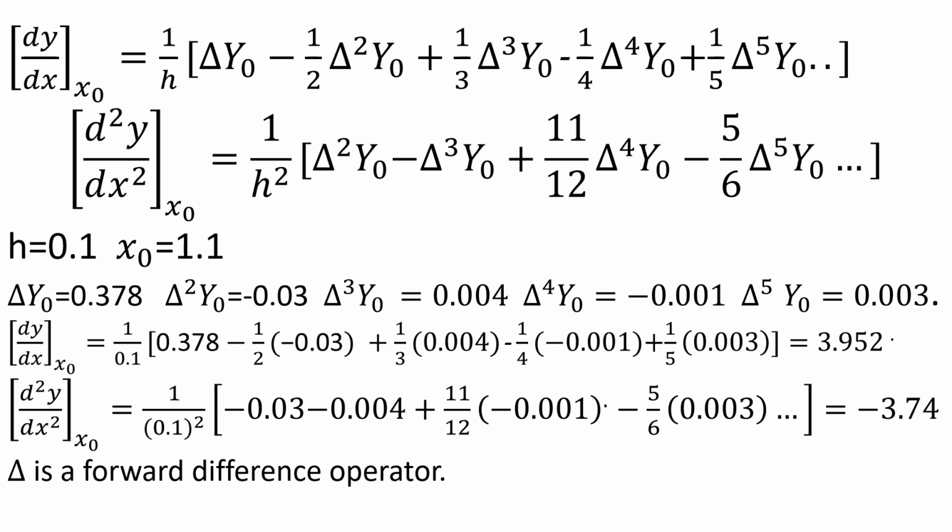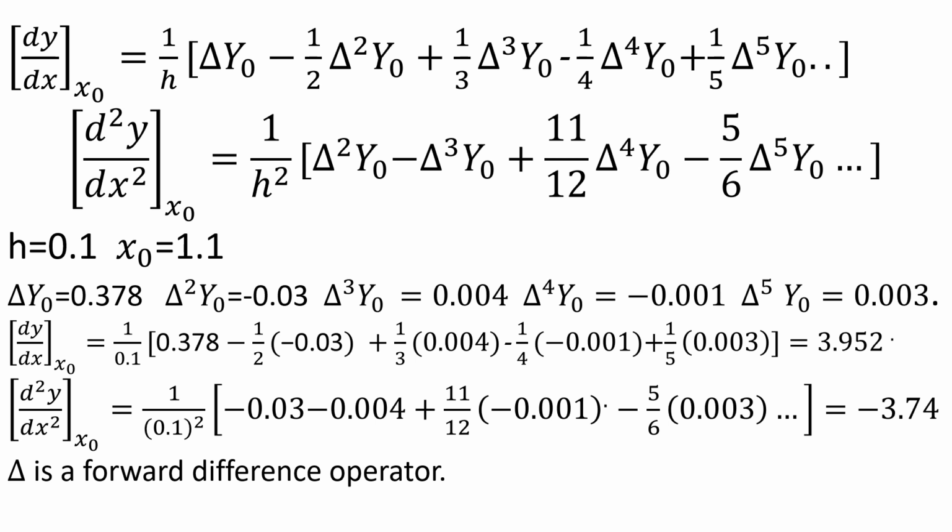This is the formula: 1 by h. You can calculate 1 by h, where I have calculated at the start h is equal to 0.1. So you can put the value here, and then the forward difference operator delta, so you can put delta y. I have already mentioned these values.